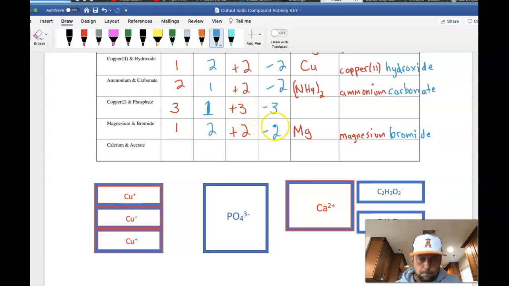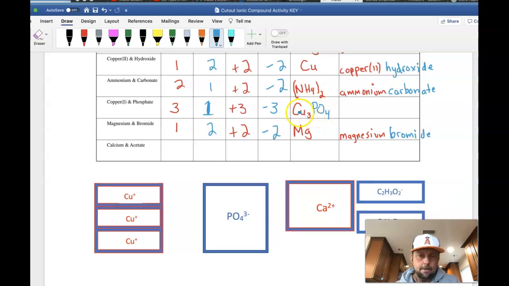And with each of these, I'm going to stick to my color coding and say, well, I need to have 3 copper ions, so Cu with a subscript of 3, and 1 phosphate ion. So that's where I come up with a formula, Cu3PO4.